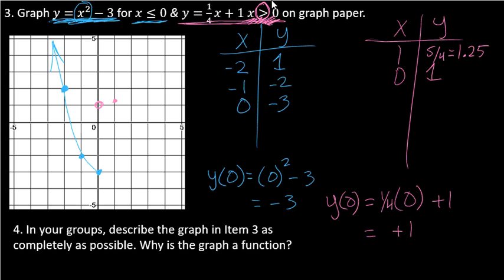Anyway, let's go ahead and look at 2. So now y of 2, that's going to give me 1/2 plus 1. So that is going to be 3/2, aka 1.5.